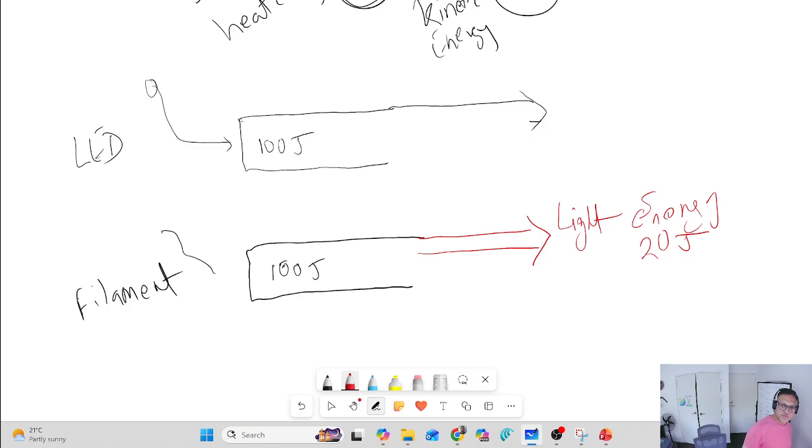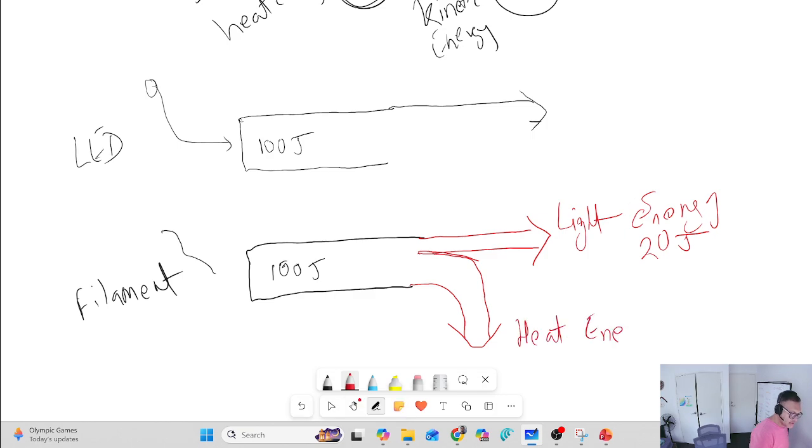J is for joules, the unit. Then the filament bulb also emits heat, right? In the filament bulb, the heat is a lot more than light, so that's why I'm making it fatter in the Sankey diagram. And the total width shouldn't exceed the total input, because this width denotes the heat energy.